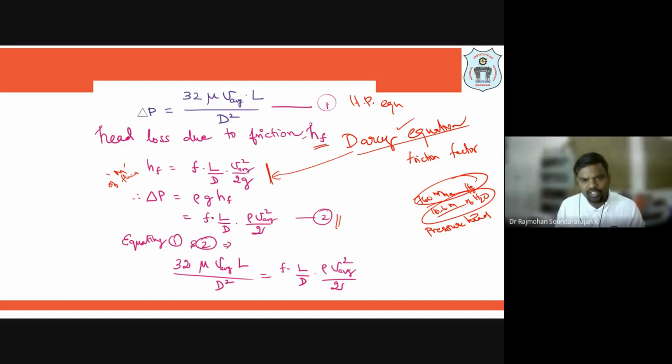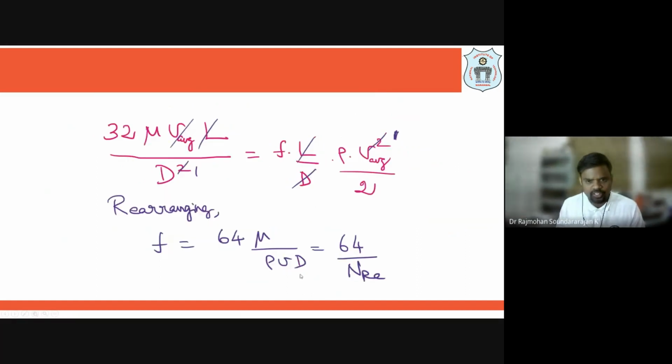Now comparing equation 1 and 2, you can equate them. To simplify, some of the terms will get cancelled. V average is on the left hand side, V average square is on the right hand side, D and D square are there, and the L term will get cancelled. If you isolate the F term, we get F equal to 64 mu by rho Vd.